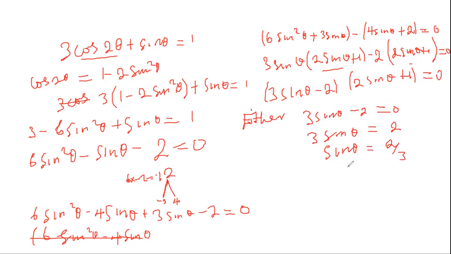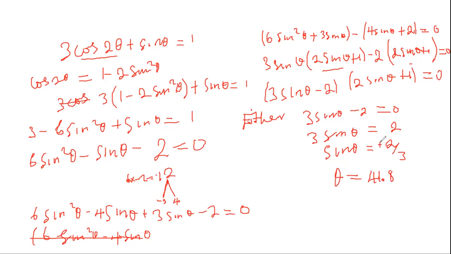So we take the sine inverse, and our theta would be sine inverse of 2 over 3, which is 41.8.